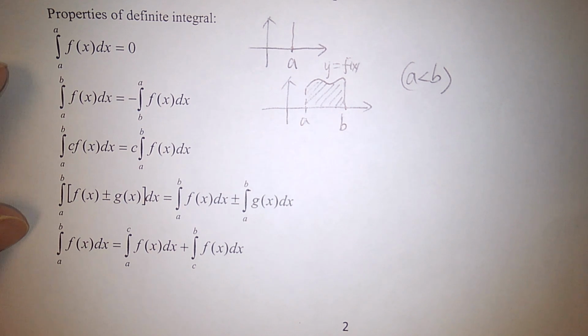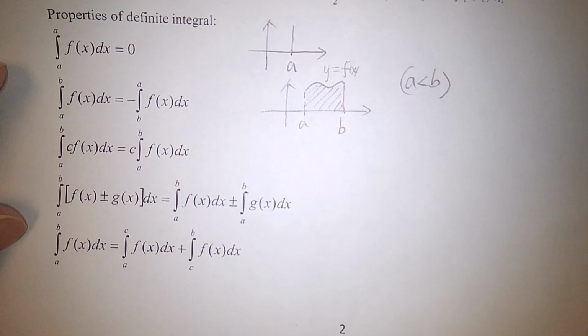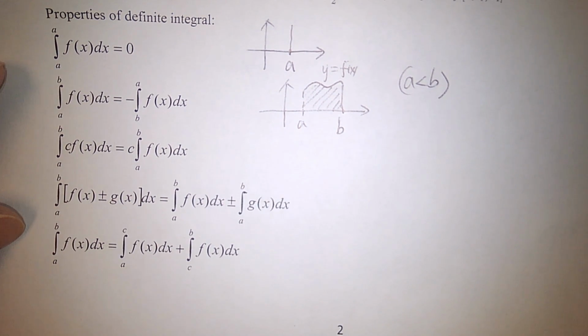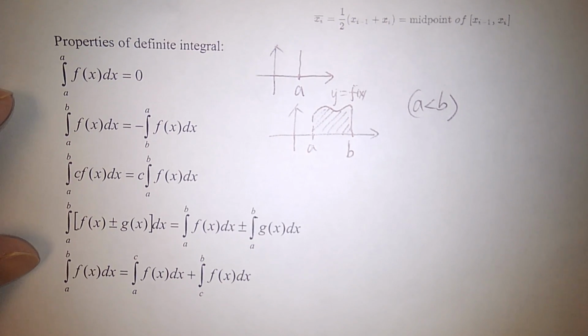Why is this the case? If we interchange these two limits, they are going to be offsets. Or let's prove it this way.